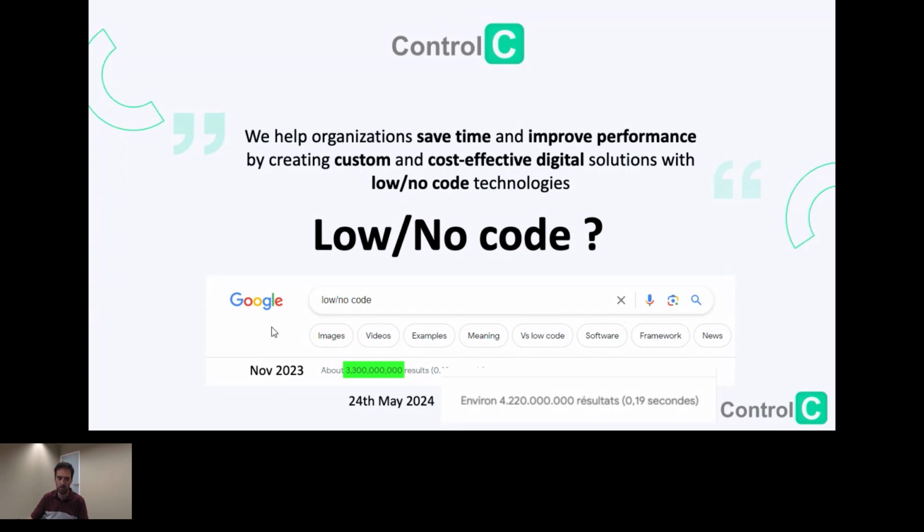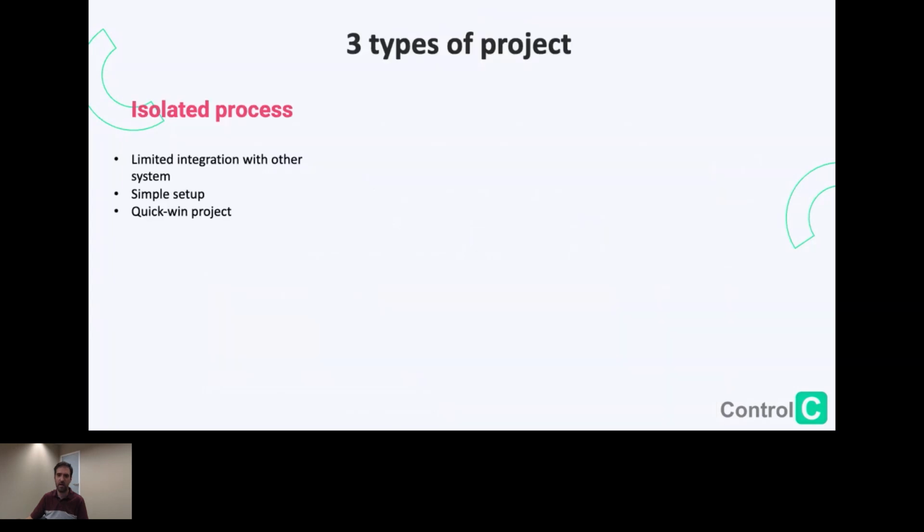And I try to split those projects into three big types. The first type is being able to deal with an isolated process. So something that is, let's say, simple to handle in a very simple setup with a limited integration with other systems.